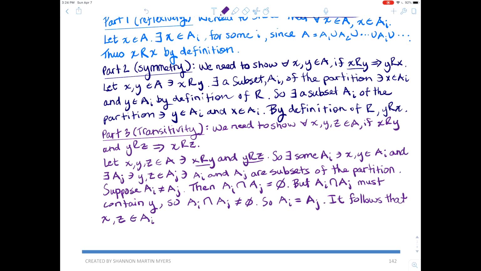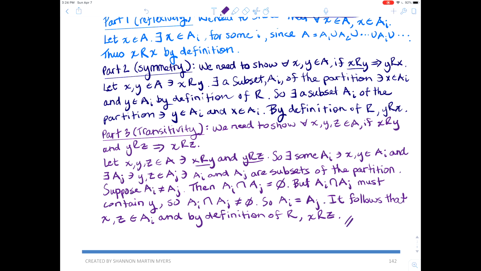We already knew X was, but now we know that Z is. And by definition of R, X R Z. And we're all done.